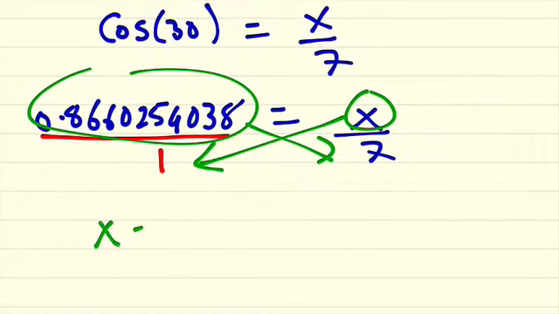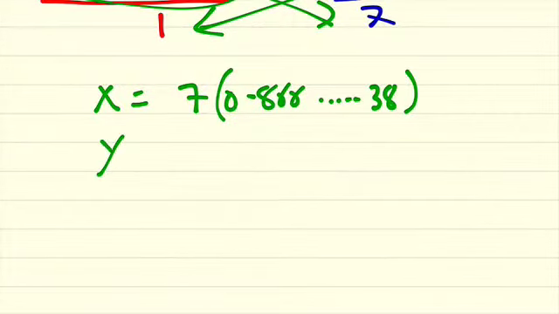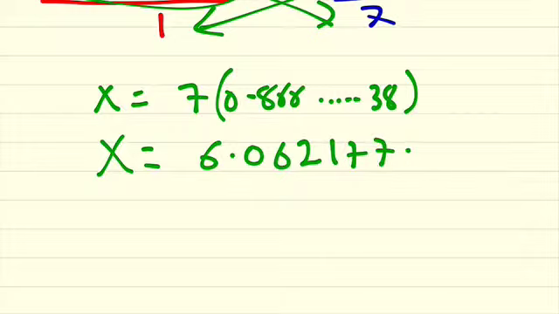X is equal to 7 times 0.866. I'm just being lazy here, pretend I wrote it all out. You just multiply that by 7, Dylan. 6.0621, so 6.06.